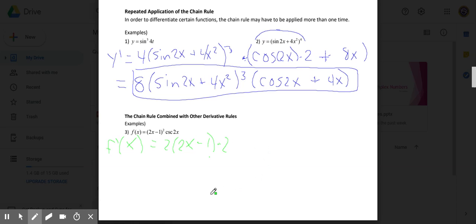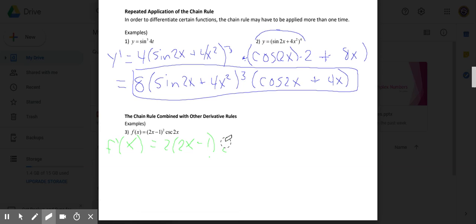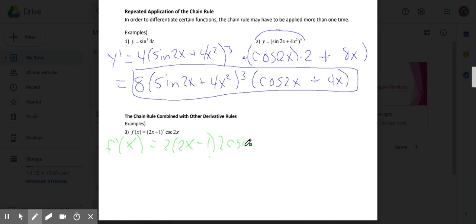So just times 2. So all of this is the derivative of the first part, and then times the second part. So times cosecant 2x. That's the first part of the product rule.